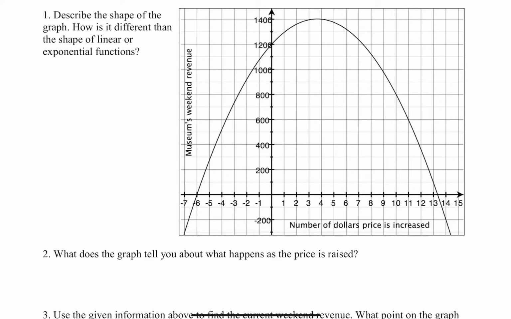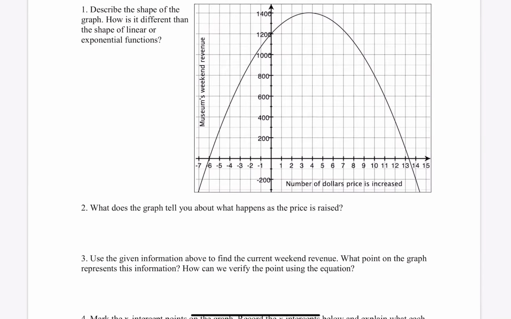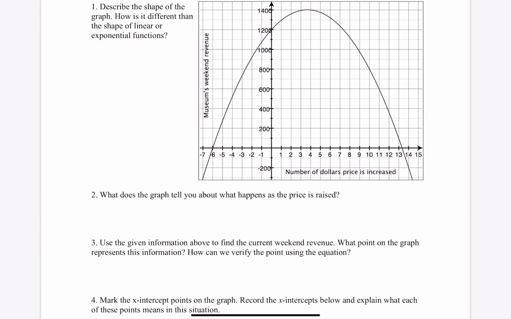Number 3. Use the given information to find the current weekend revenue. And I can sketch that out right on the graph because currently the price has not been raised. So this represents a ticket price of $6 right here.